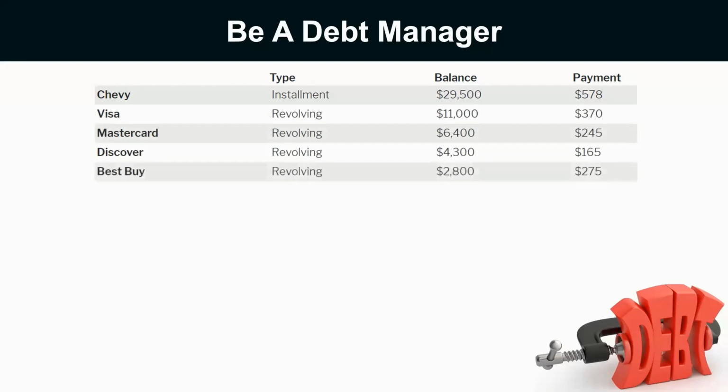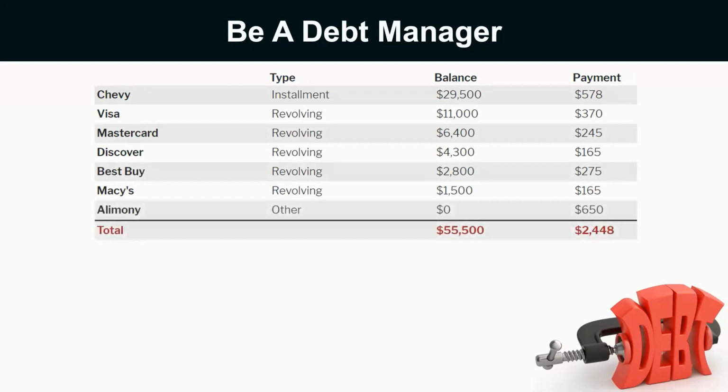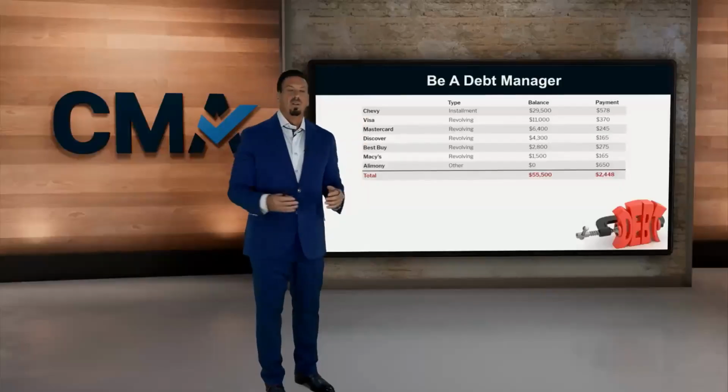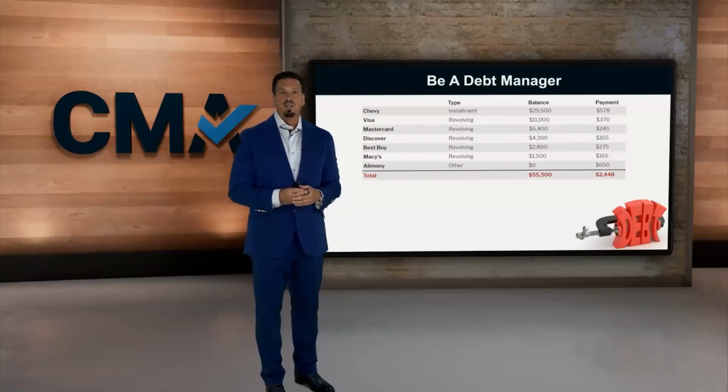Typical customer. They purchased some stuff at Best Buy and owe some money on Macy's. On top of that, they've got another debt. That could be a student loan or child support. In this case, let's say it's alimony. While every single situation is different, we get that, this is a good representation of a typical customer profile.